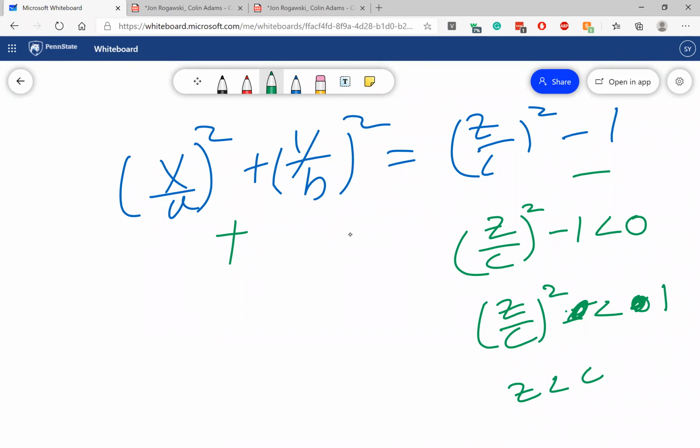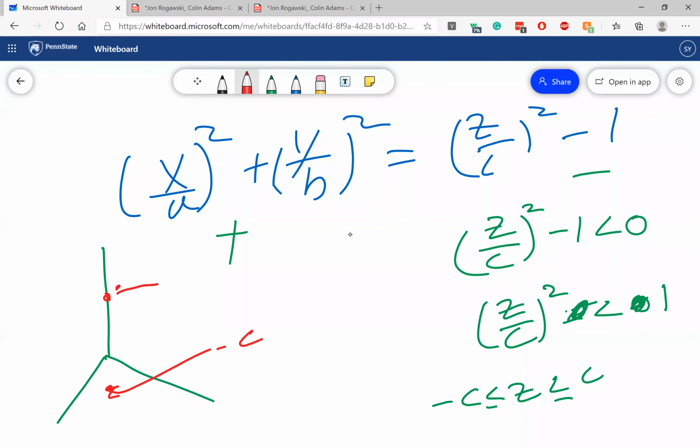Now, let's say bigger than or equal to negative c. So in our graph, that would mean that from the point z is equal to negative c, so that's this point here, up until the point z is equal to c, that's this point over here, we will not have any solutions.